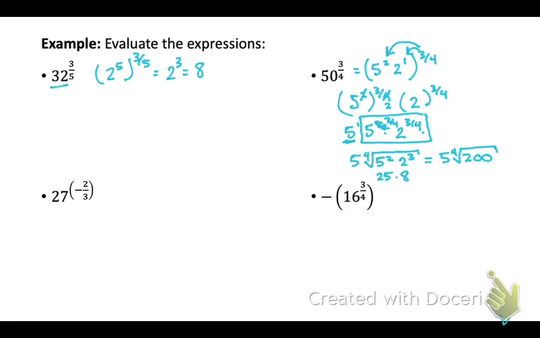So I had to break it down to make it easier to do, but then I had to build it back up, didn't I? Now, a lot of times when I do something like this, I showed you because that's probably what you would have done. But personally, I would have said 5 squared to the 3/4. So I would have said 5 to the 6/4. If I would have just left it 6/4, would I have had to get common denominators?